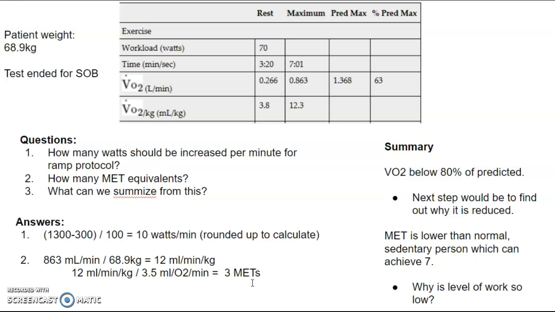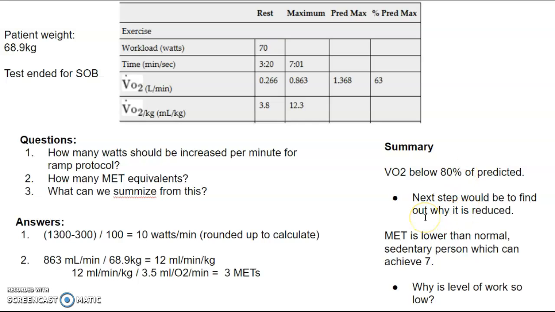So what do we know now? What's our takeaway from this? What have we learned? Well, first of all, our patient's VO2 was below 80% of predicted. So our next question is to find out why it is reduced. We know the patient ended his test for shortness of breath, so it was symptom limited, but why was their VO2 so low?